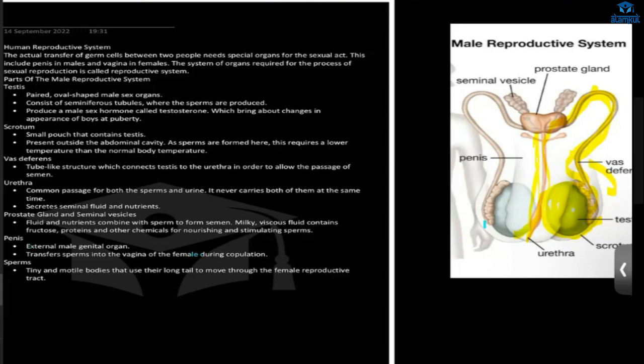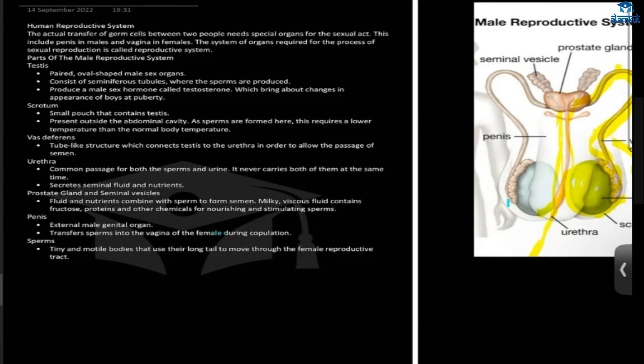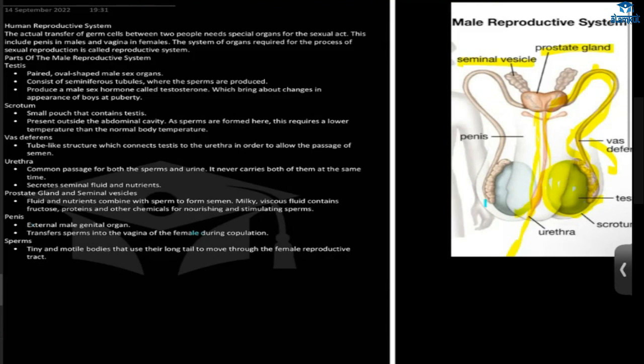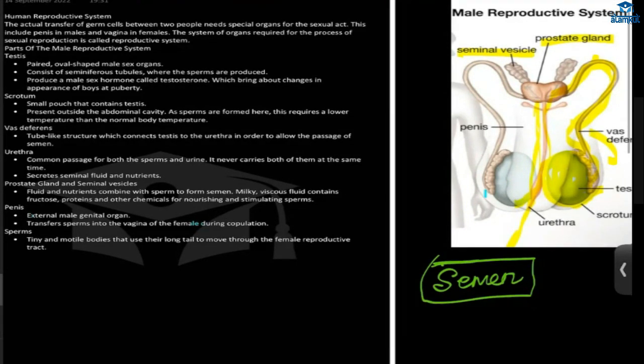Through the urethra, sperm and urine go out. Then the prostate gland and seminal vesicle secrete a nutritive fluid and mix it with the sperm, and that is called semen. This liquid provides motility to the sperm and makes it viscous, sticky.